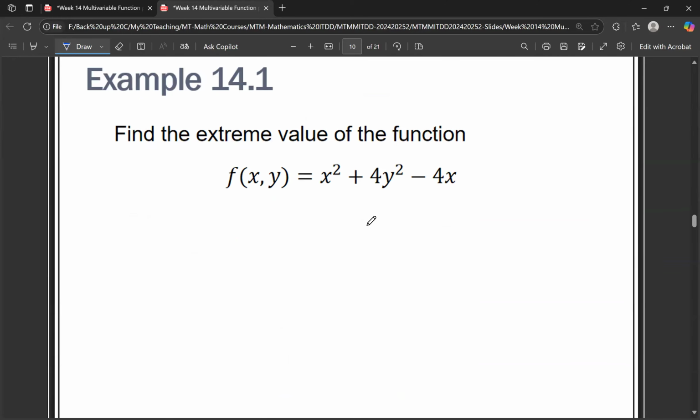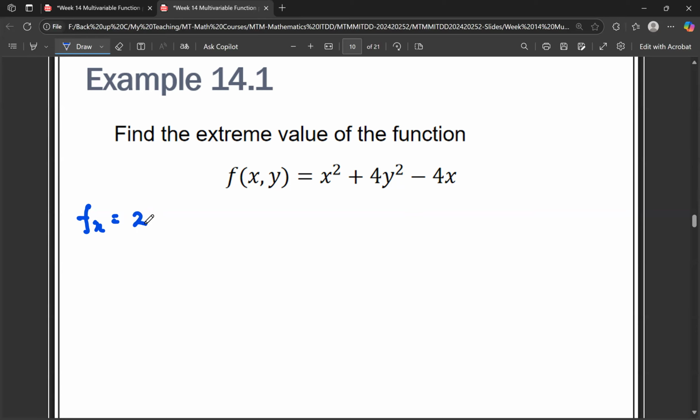Okay, look at this example. We have the function x squared plus 4y squared minus 4x. We find the partial derivatives of f.